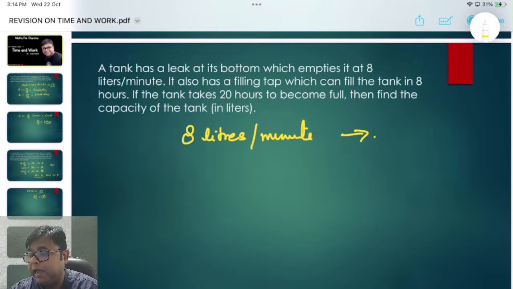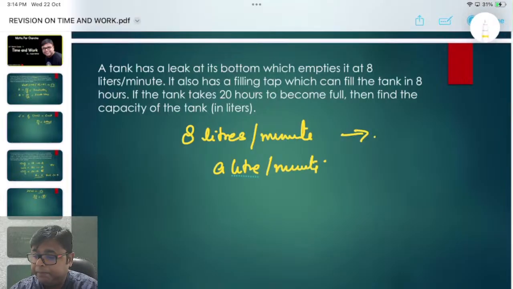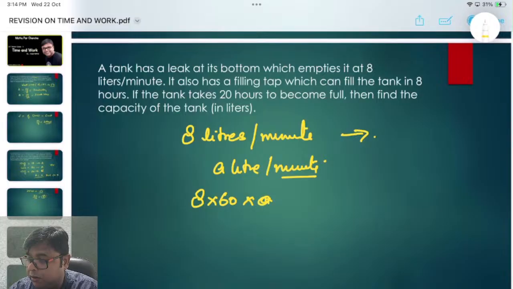So if the tank is getting filled in 8 hours, let the capacity of the inlet pipe be A liters per minute. So the capacity of the tank will be 8 into 60 into A, because it fills in 8 hours. Mind you, this is a mistake that happens: one is in minutes and the other is in hours. So make sure you adjust accordingly.